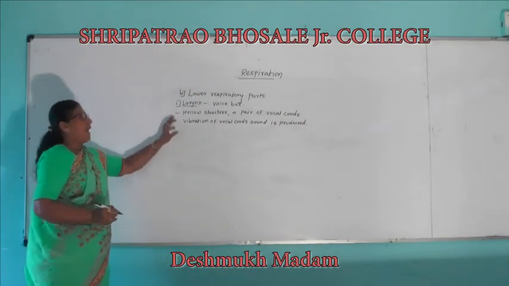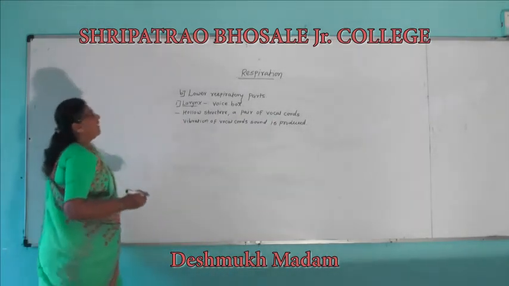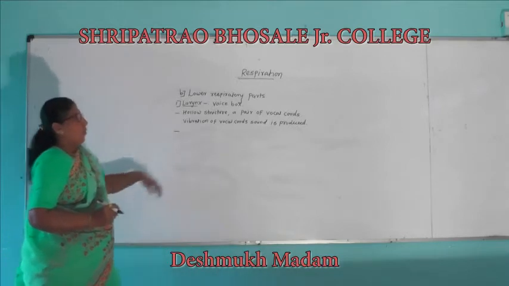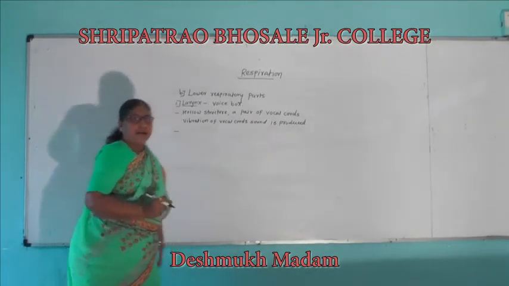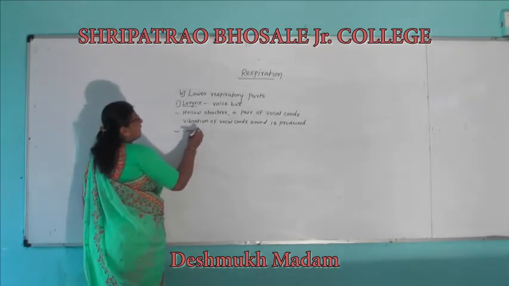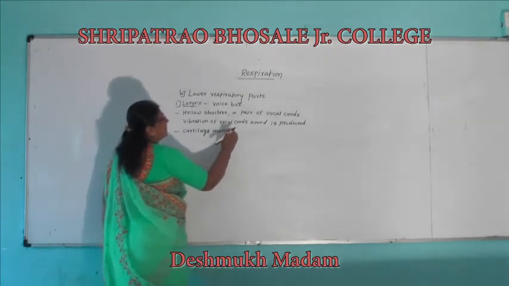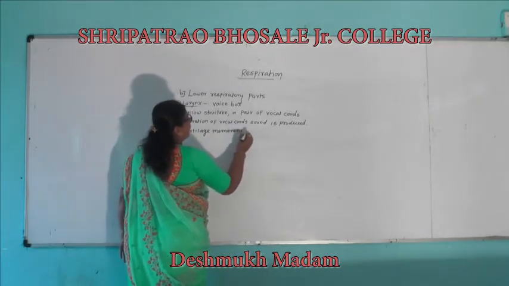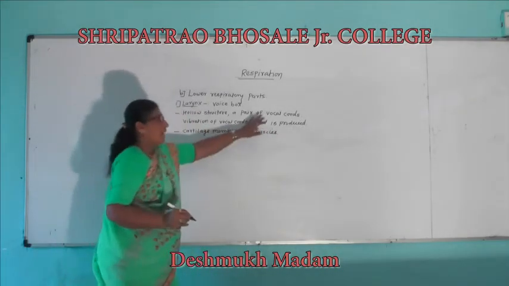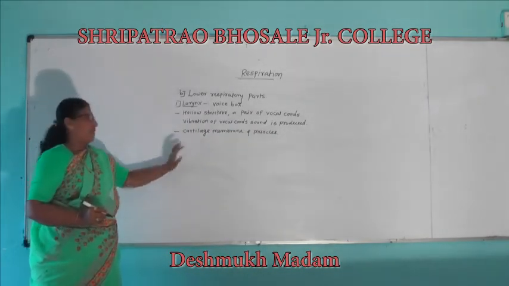At the inner lining of the larynx, vocal cords are held by a cartilage membrane and muscles.